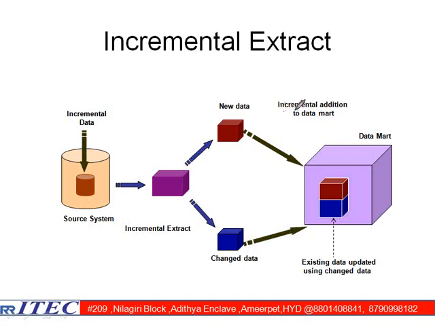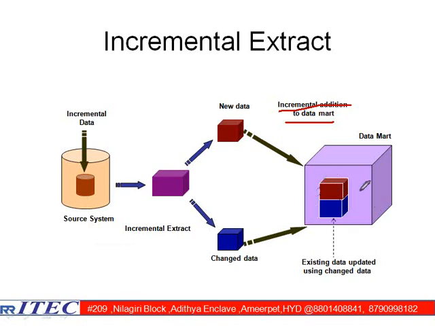See here, incremental addition to the data mart. That means whatever data was previously available, we are not disturbing it. Let us say my record is available, it is not a new record, not a promotion record, not a hike record. Then my record will remain as it is, with no change.